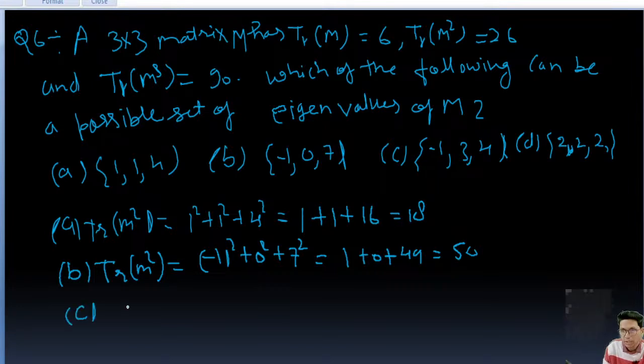Option C we'll check. Trace M square we'll check. So it is going to be minus 1 square plus 3 square plus 4 square.